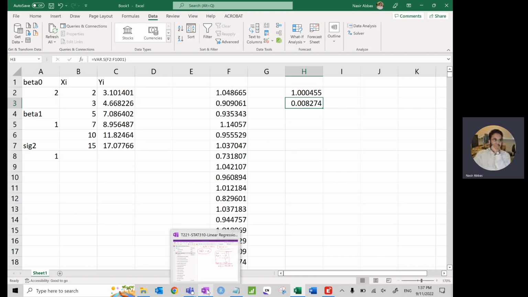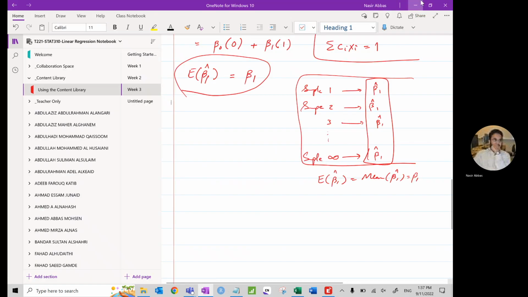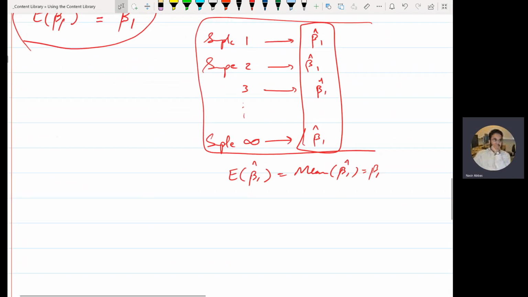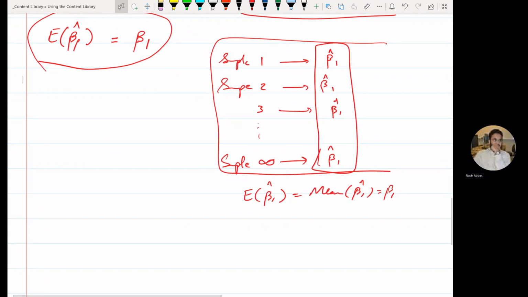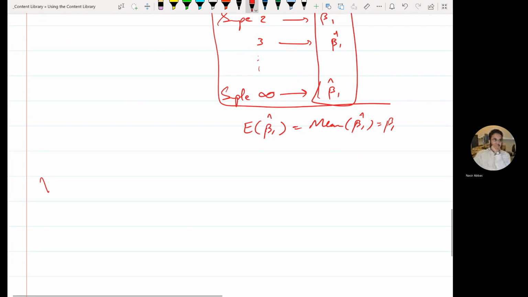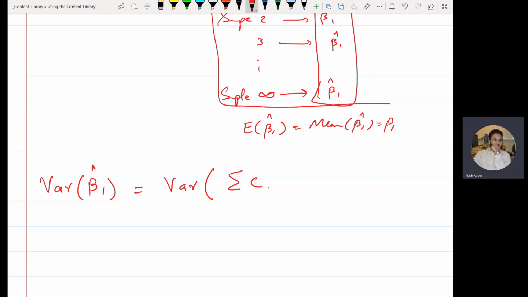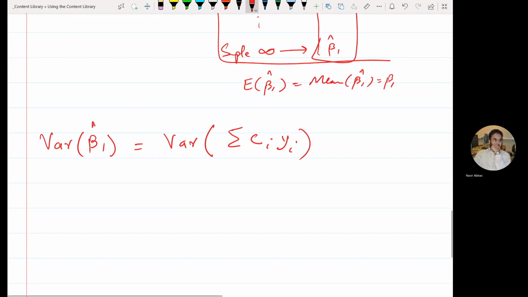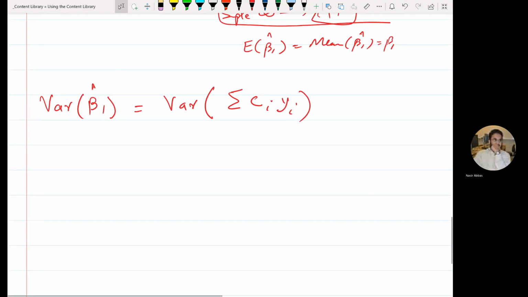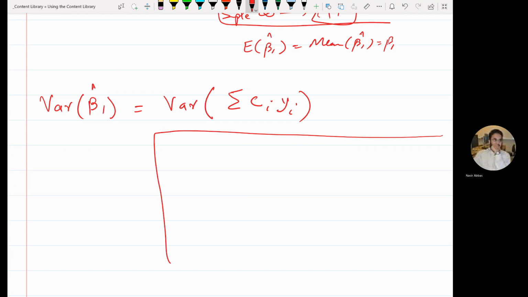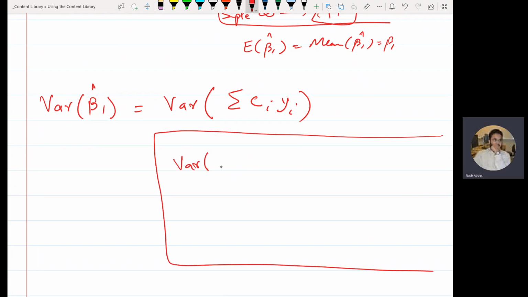Now I'm going to show mathematically what is the expression for variance of beta 1 hat. Any question until this point? Let us move on quickly to the variance expression. Again, it is summation Ci yi. True. What is variance of A1 x1 plus A2 x2?